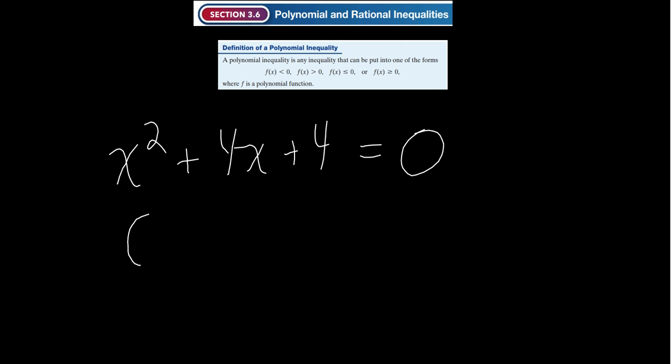We'll say x squared plus 4x plus 4 is equal to 0. Well, all we have to do here is factor, right? We end up with x plus 2 squared is equal to 0.